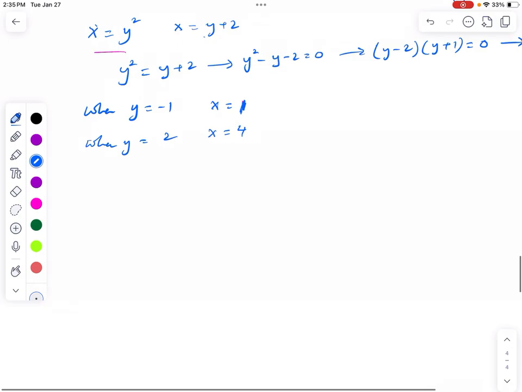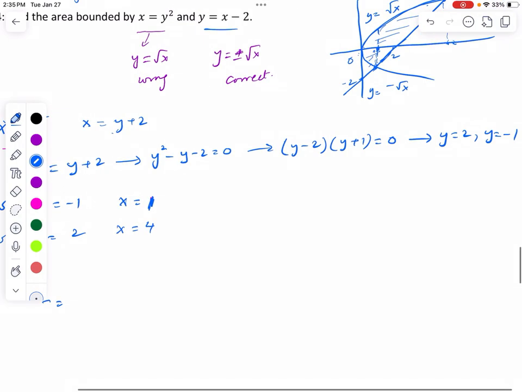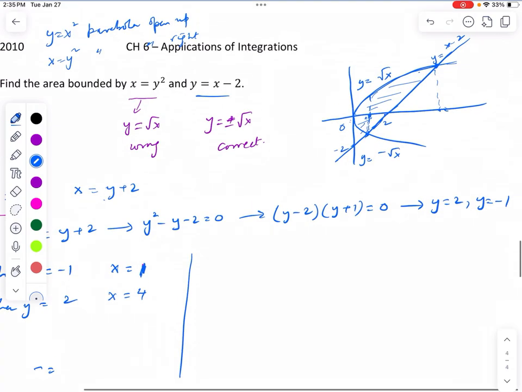And remember, in this interval, the upper function is square root of x minus negative square root of x. The lower function is negative square root of x. Plus integral from 1 to 4. Now the top function is square root of x. The bottom function is x minus 2.